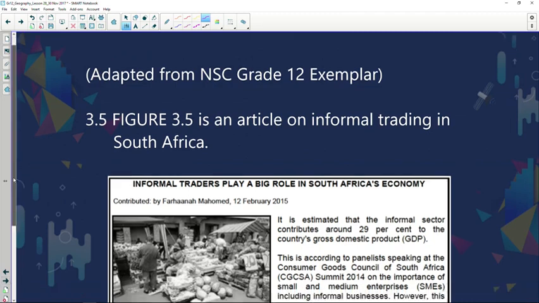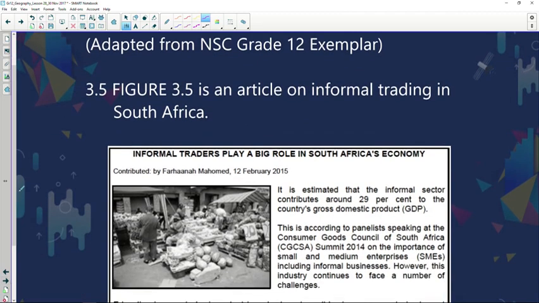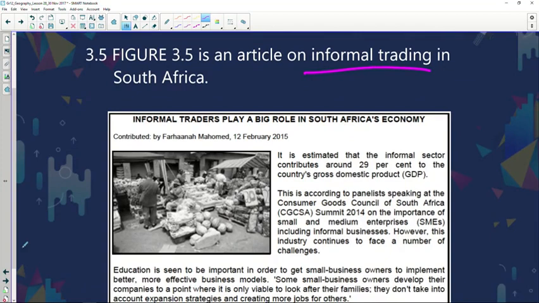Okay, Figure 3.5 is an article on informal trading. Now, there's a difference between informal trading and informal settlement. Informal trading does not add to the GDP. They do not pay tax. Now, if you look over here, you can see informal trading contributes roughly 29% to the GDP.